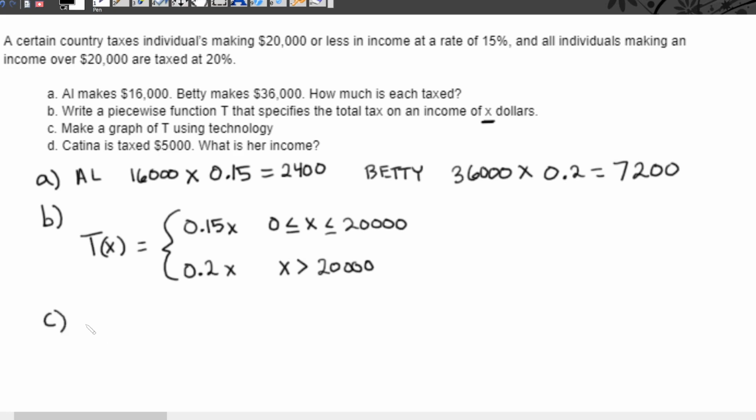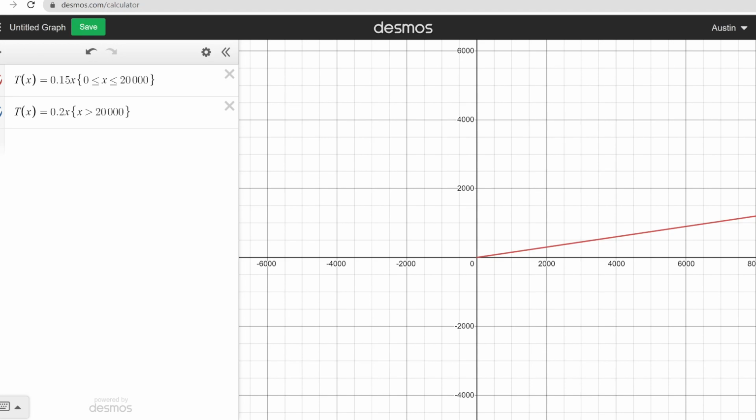All right, part C. Make a graph of T using technology. All right, so I've already plotted these out in Desmos. You have to plot them individually, but you can see our first piece, 0.15x, that falls between 0 and 20 in the domain.